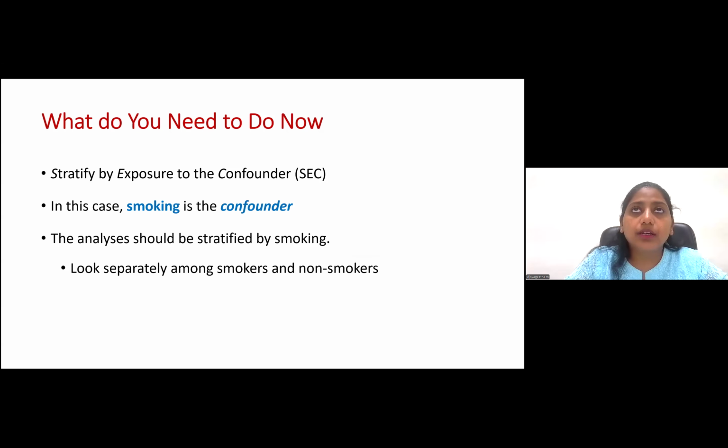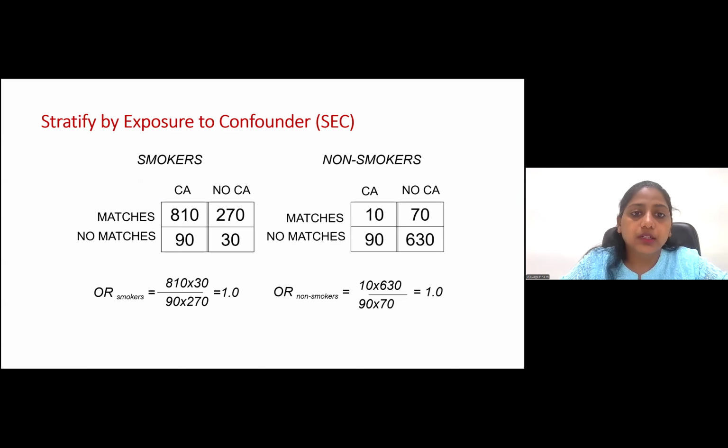Let's see, we were thinking about a third variable, which is smoking here, right? So let us stratify by exposure to the confounder. Can we look at the odds ratio among smokers and non-smokers separately? Yes. So if we do the same thing, we see that the odds ratio among smokers is 1, and similarly the odds ratio among non-smokers is 1.